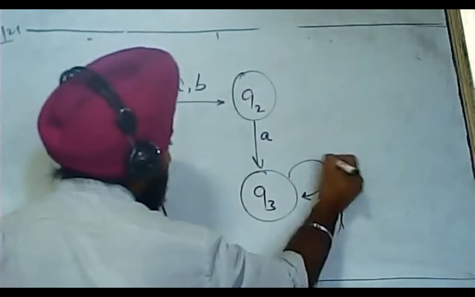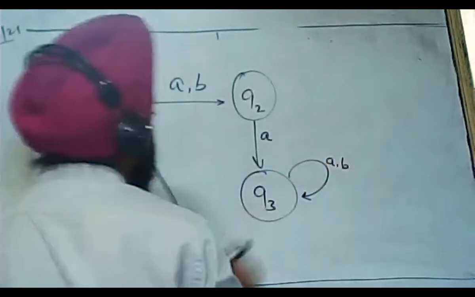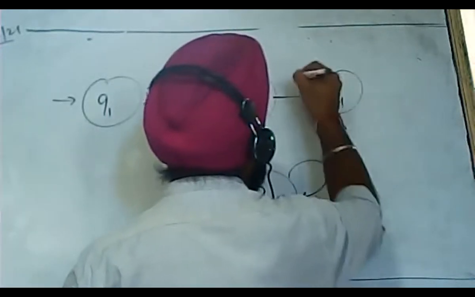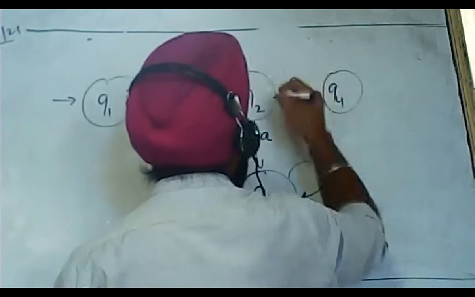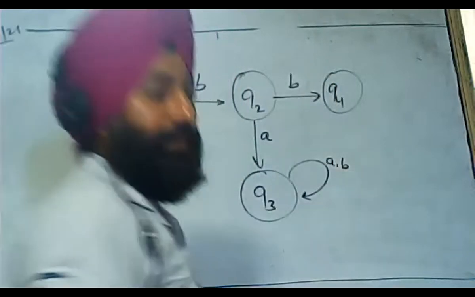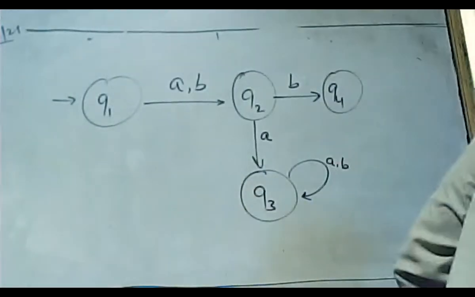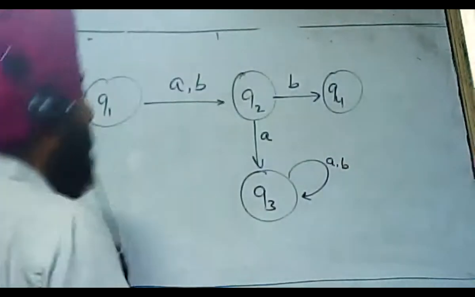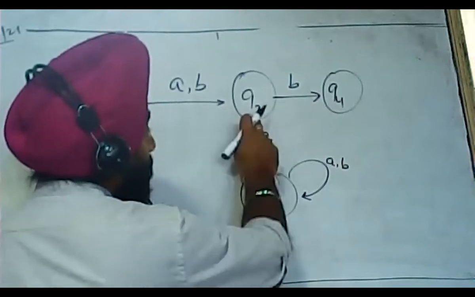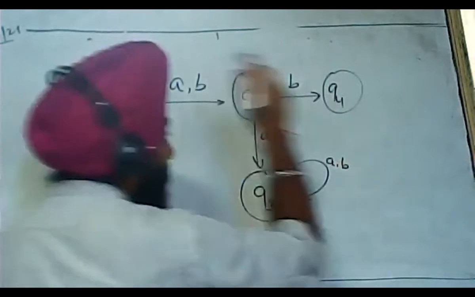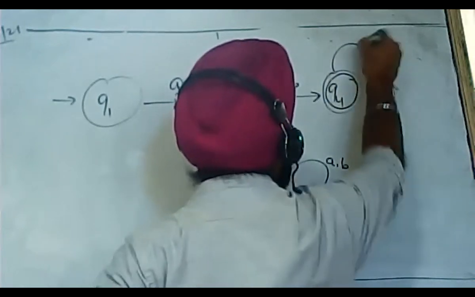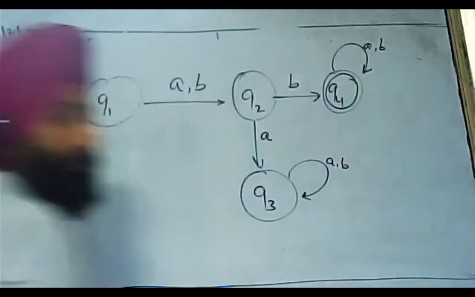Upon the processing of A, B, Q3 goes to itself. Q0 upon the processing of A goes to Q3. Q2 upon the processing of B goes to Q4, and Q4 is acting as your final state. Upon the processing of A, B, it goes to itself.